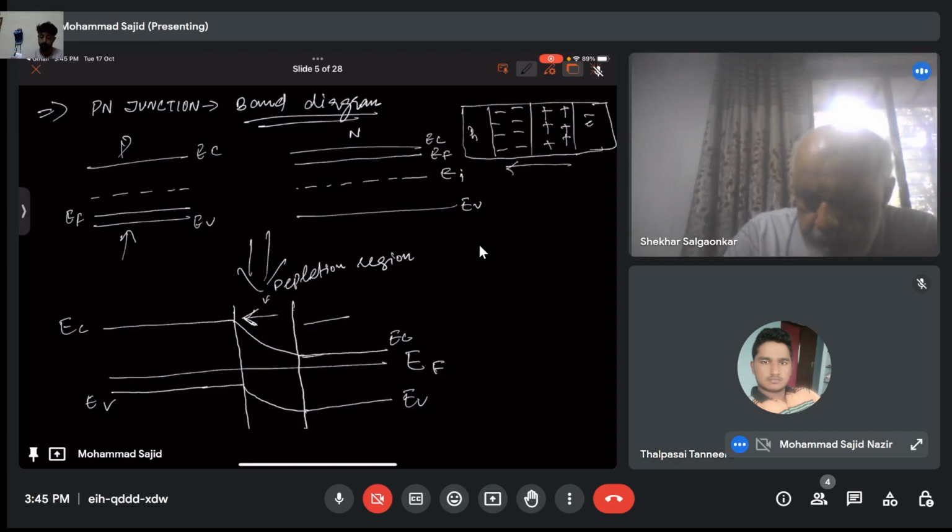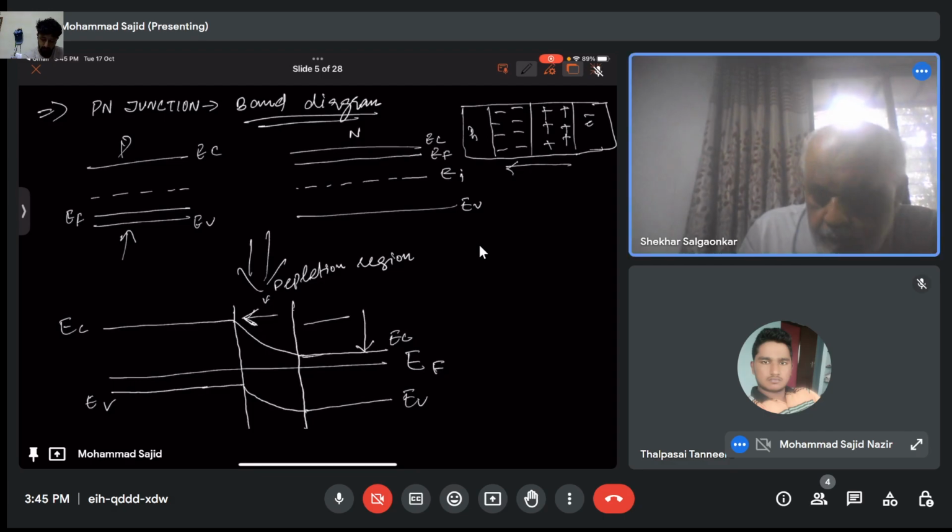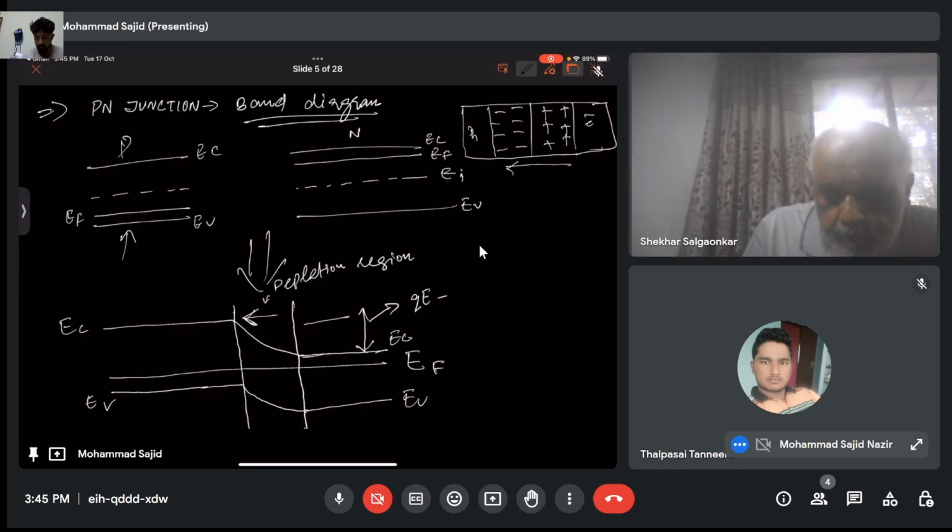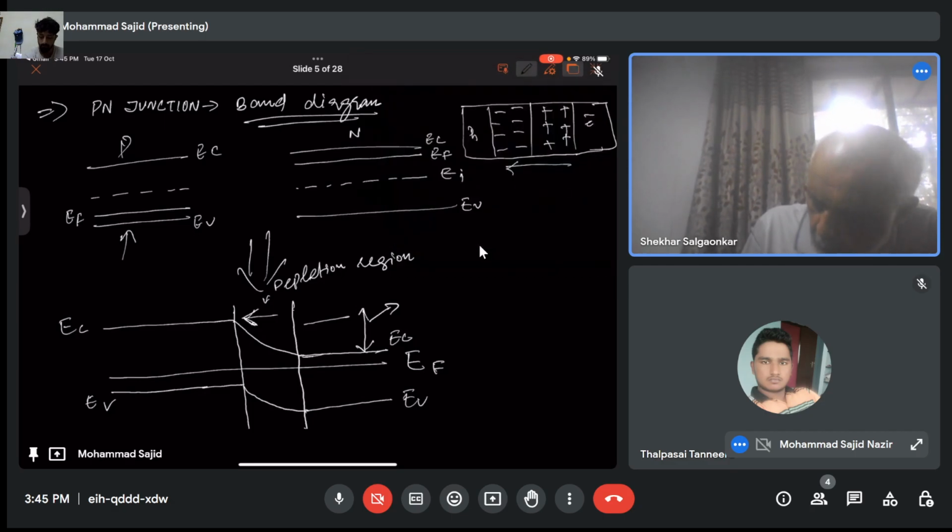So this is the band diagram of the PN junction, and this total energy difference from this EC to this EC, let's say the energy difference is delta E. Delta E divided by Q will give me the built-in potential.